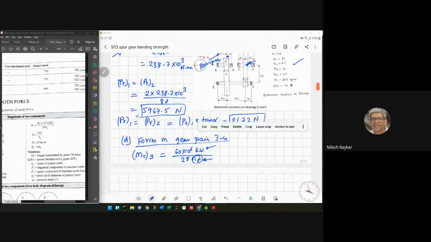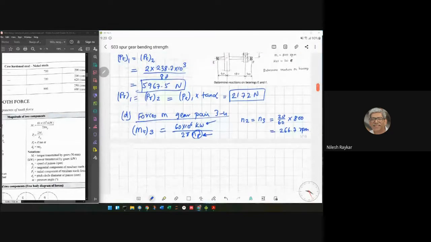We need to calculate the speed of gear 2, which is nothing but the speed of gear 3, given by the number of teeth ratio. So that is 20 divided by 60 multiplied by 800, which is 266.7 RPM. That is the speed of the third gear or second gear.